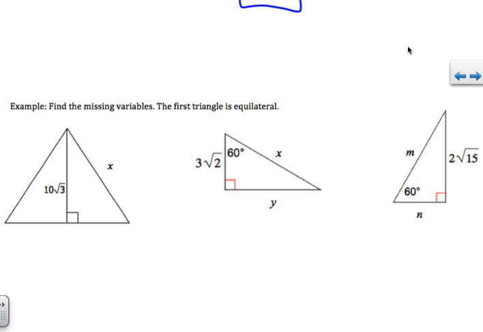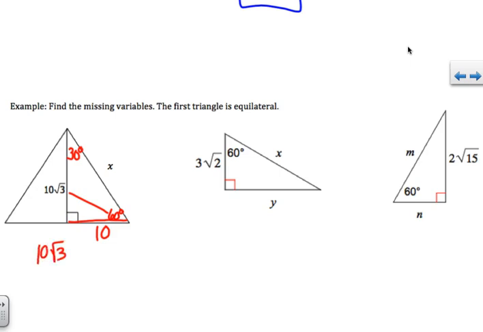So I know all of these measurements in the corner, 60, which means this measurement up top is 30. Now they weren't nice and they didn't give me the short side. So I need to find this short side first. They did give me that the 60-degree angle had square root of 3, which is good because to find the short side, I can just ignore that square root of 3, okay?